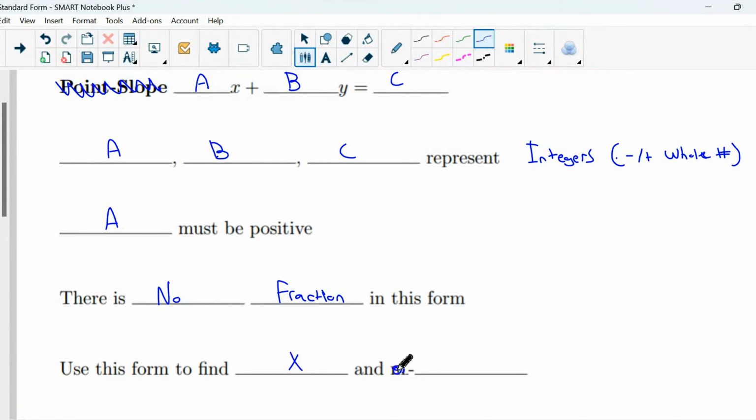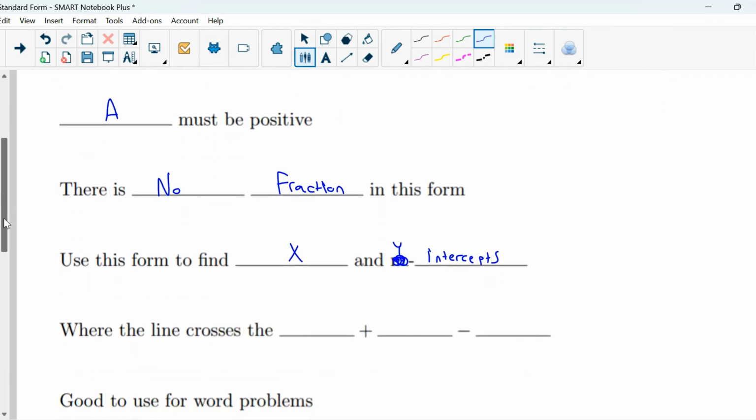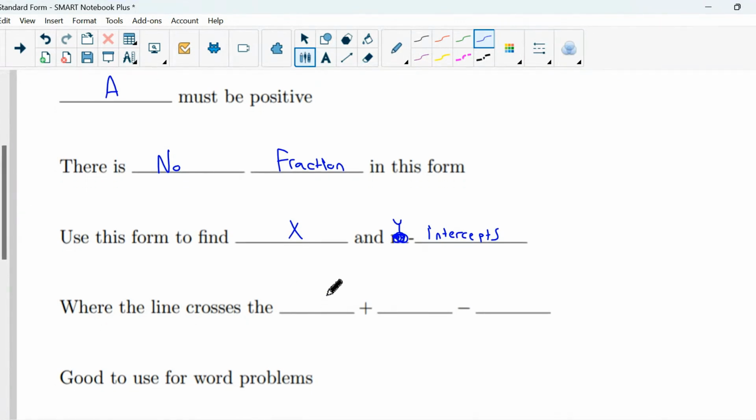This should be a y. Your x and y intercepts are what we are trying to find. This is where the line crosses the x and y axes.